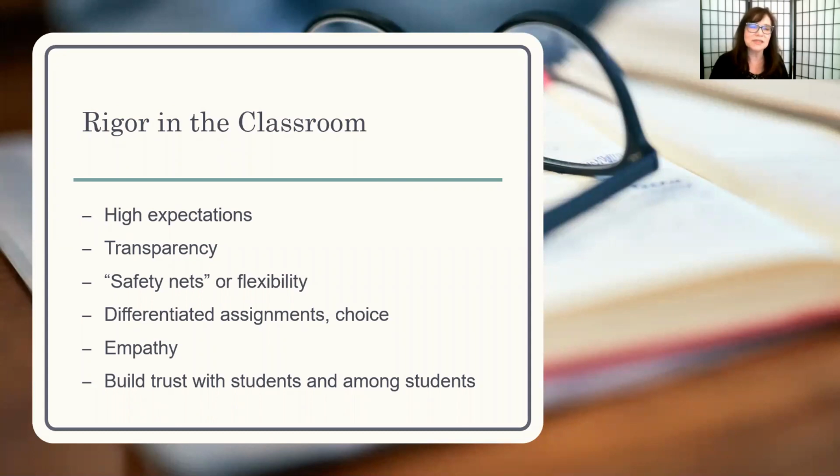So revisions, test corrections, assignments that add to, even if it's just a small extra credit where they're reworking whatever task or project they've been assigned. So trying to figure in a little bit of flexibility and not necessarily a whole other task or project.